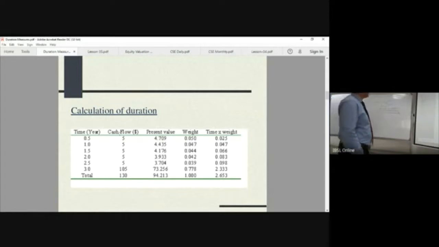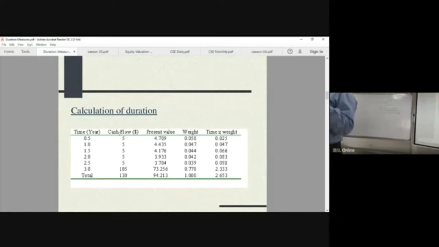Likewise, you have to multiply time and the weight. When you multiply the time and weight, you will get the fifth column, the time into weight column. And the total of that will give you the duration of this bond. The duration of this bond is 2.6533.